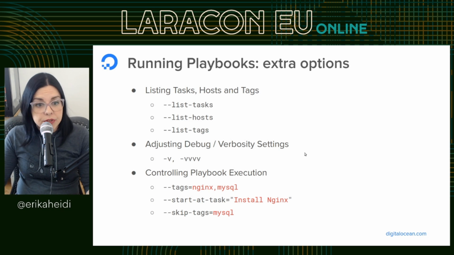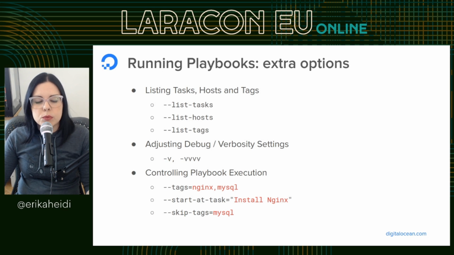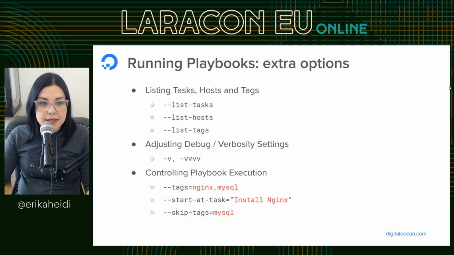Some additional options when running playbooks. If you only want to check what would be executed, which hosts would be the targets, which tasks, then you can use these options: list tasks, list hosts, list tags. The verbosity settings are very useful.